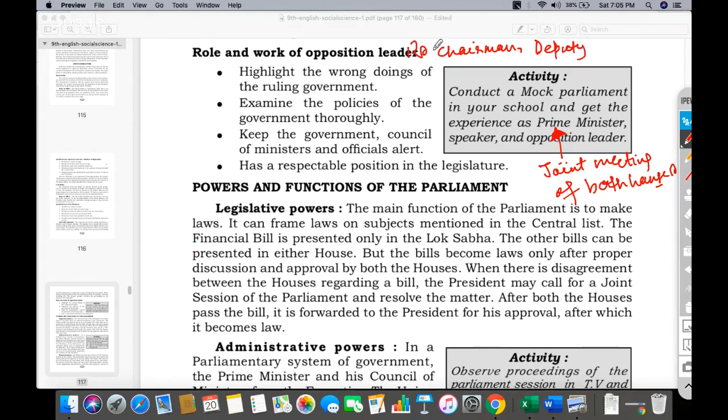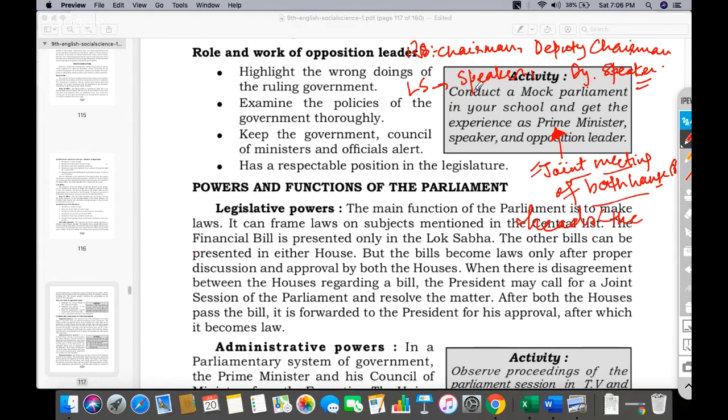In Rajya Sabha, chairman and deputy chairman. In Lok Sabha, speaker and deputy speaker. Now guess, just let me know who heads the meeting when it is a joint meeting of both the houses.